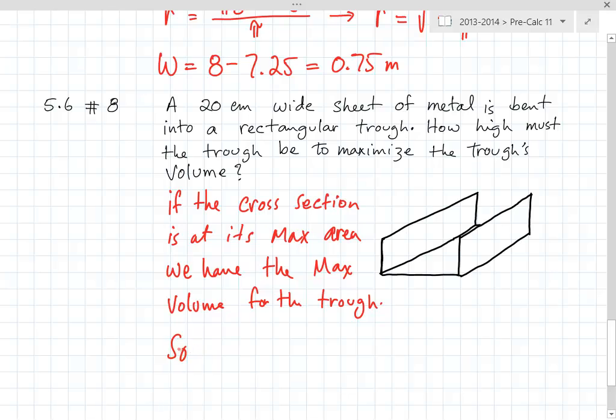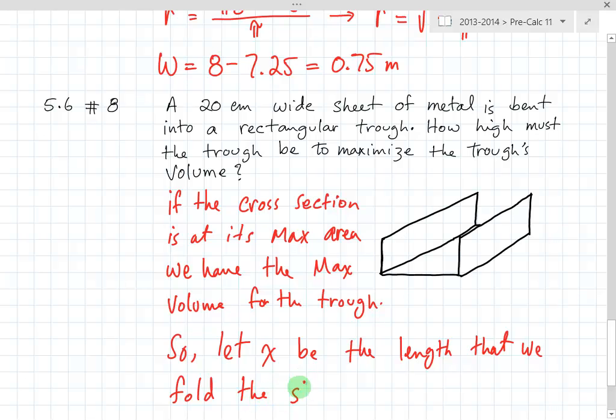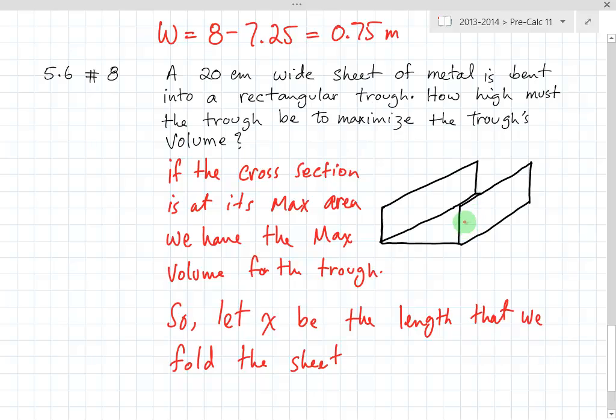So let x be the length that we fold the sheet at. So we set x to be the amount that we fold the sheet up at. The other side will also be x. And then the length that we have in between is going to be y.